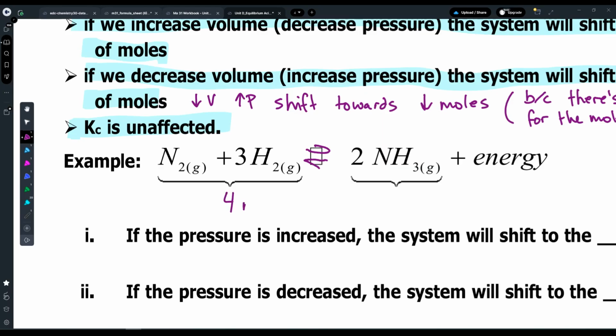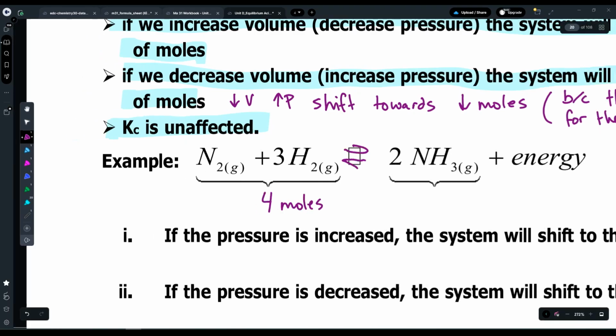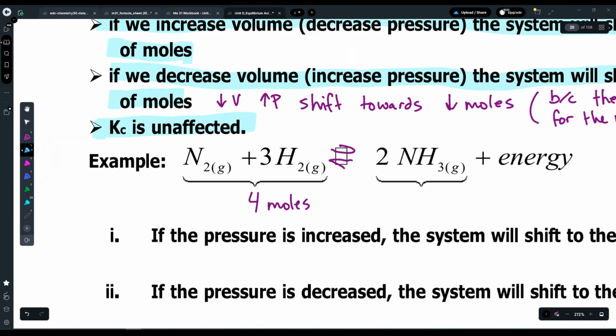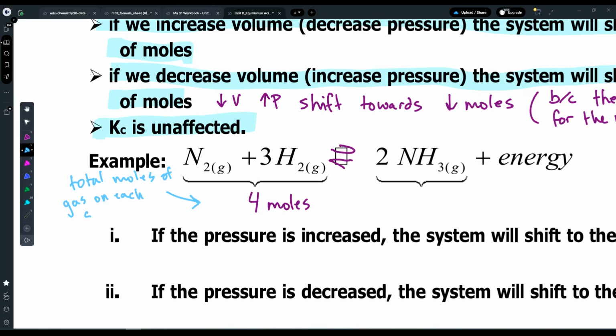In total, that's 4 moles of gas. Let's write off to the side that we're talking about the total moles of gas on each side here. Then on the product side, we would just have 2 moles of gas.